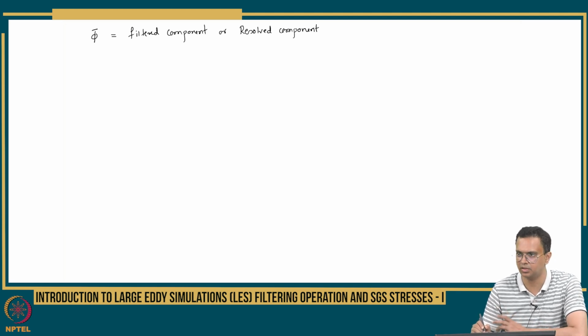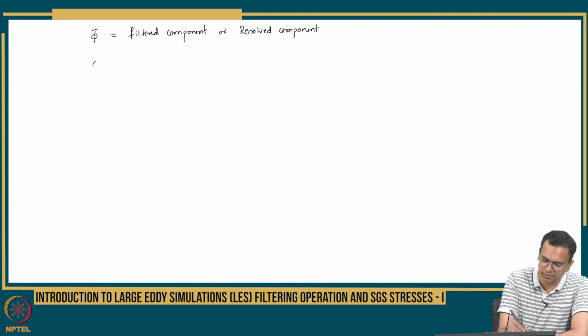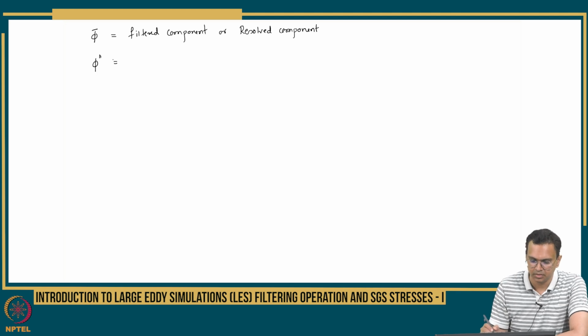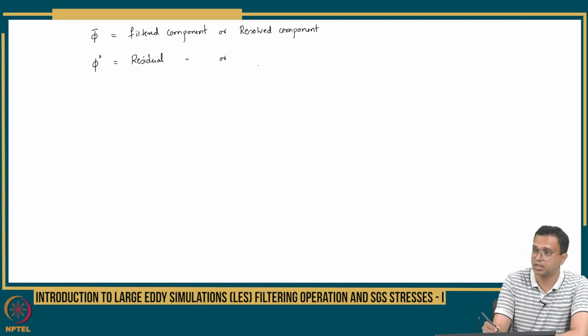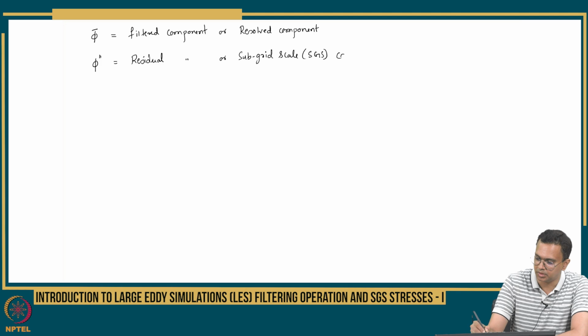Colloquially they use filtered or resolved, but they mean different things. I'll explain why. And phi double prime means the residual component or subgrid scale component, the SGS component.